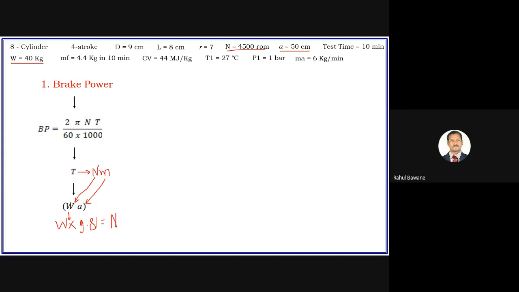So here we have to convert kg into Newton, then multiply by offset distance, then we get a torque, correct, and then we are able to calculate the brake power. Once your brake power is wrong, everything will be wrong.